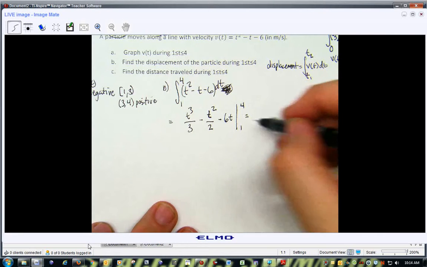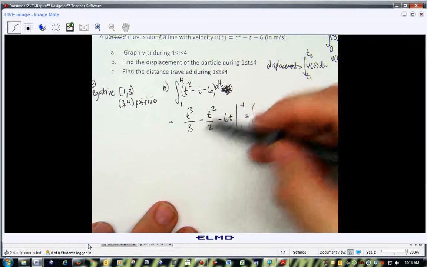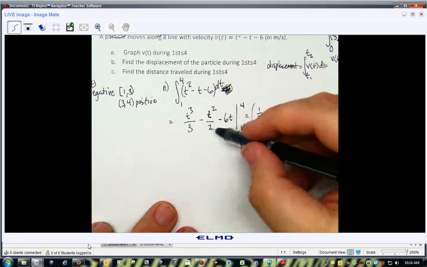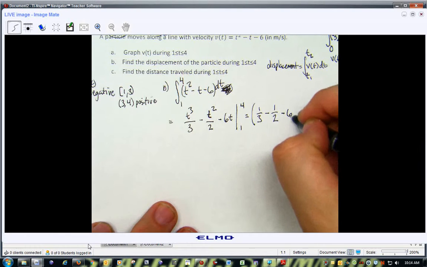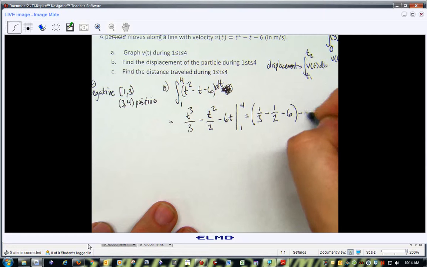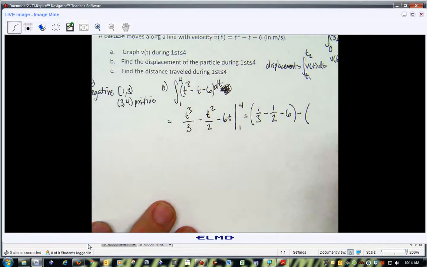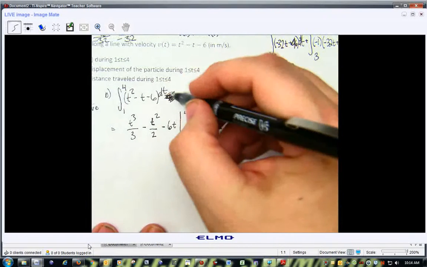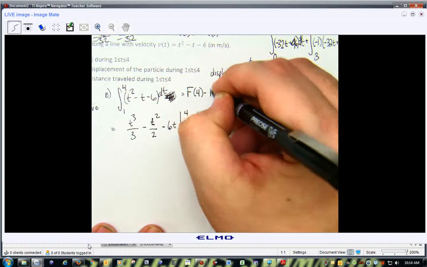Now, when I put 1 in here, I'm going to get 1/3 minus 1/2 minus 6, minus, I'm going to put a 4 in here. What's 4 cubed? Because, remember, this is going to be f of 4 minus f of 1.